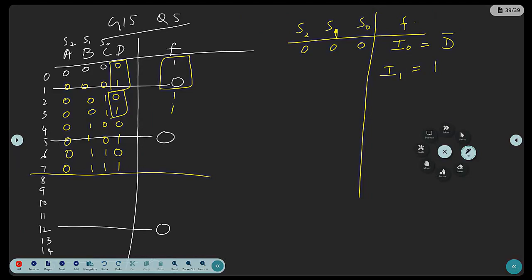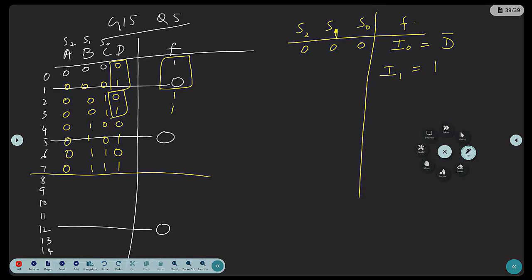I'm trying to draw the relationship or the dependence of F on D. F க்கும் D க்கும் என்ன ரிலேஷன் பார்க்குறேன், அதை வச்சுட்டு அந்த பின் ஒவ்வொரு வாட்டியும் கனெக்ட் பண்றேன். ஏன்? When ABC is 0, there are two possibilities based on D, and there are two outputs.